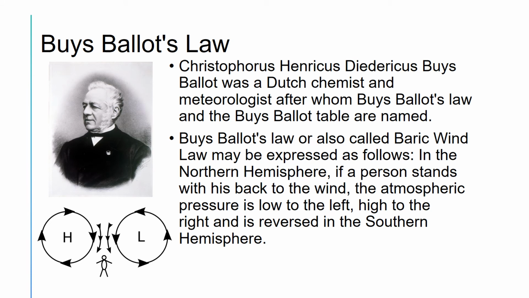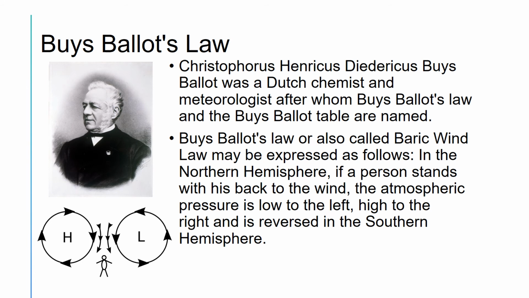Then kapag naramdaman nyo na yung hangin, yung left side nyo, yan ang direction kung nasaan ang low pressure area. Then, yung nasa right side nyo, yan yung portion kung nasaan ang high pressure area.